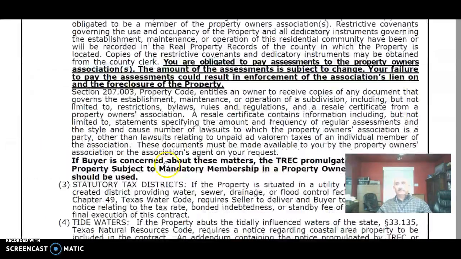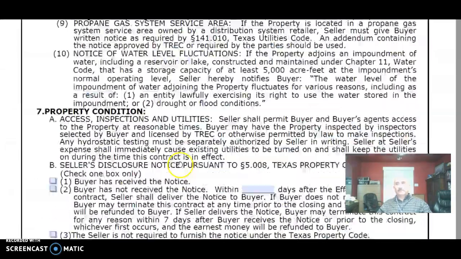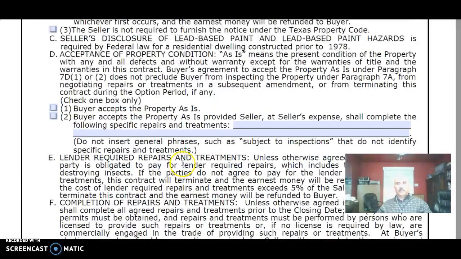Line 7 is basically, are you buying the property as is, or are you going to insist on certain repairs? If the buyer's buying with repairs, then the seller is going to be obligated to do those repairs. If the buyer's accepting the property as is, that doesn't really mean as is if they have an option period.